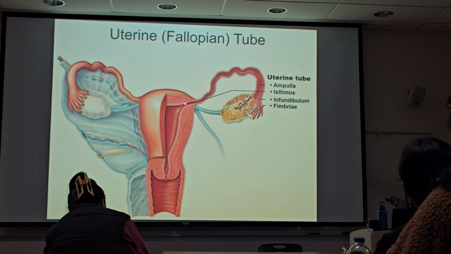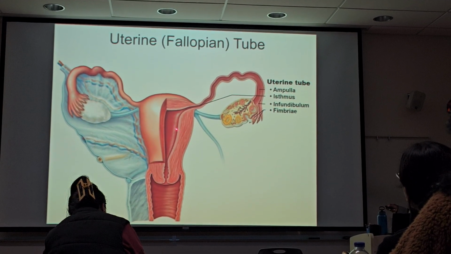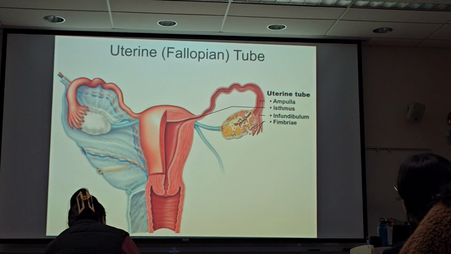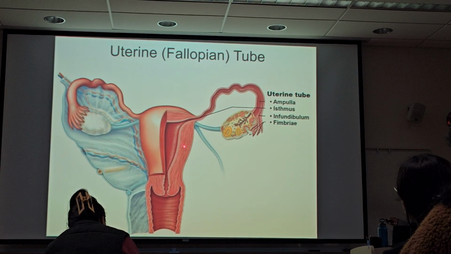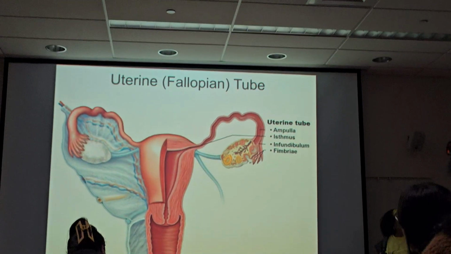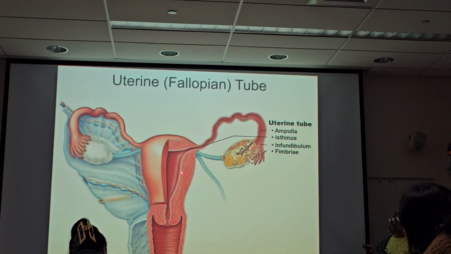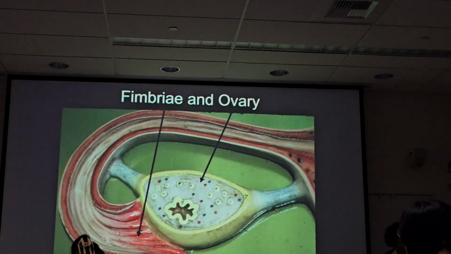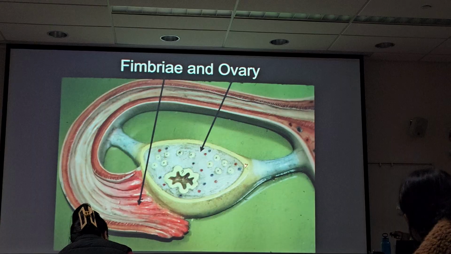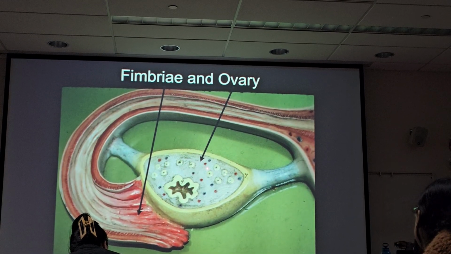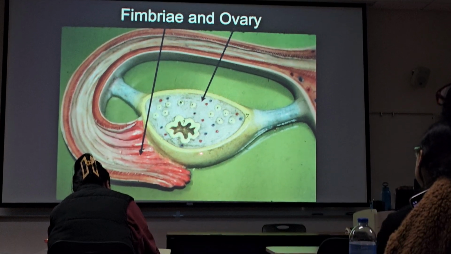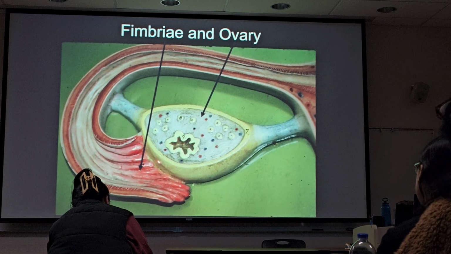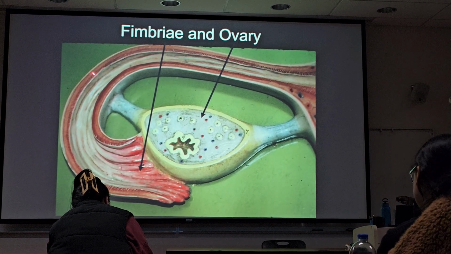That fertilized egg, the zygote now, will make its way into the uterus and implant in the wall, which signals to the female body not to shed the lining of the uterus. We have an egg that's implanted for pregnancy. So again, once an egg is ovulated out of the ovary, pushed out of the wall of the ovary, it's caught by the fimbriae that coax it into the fallopian tube.